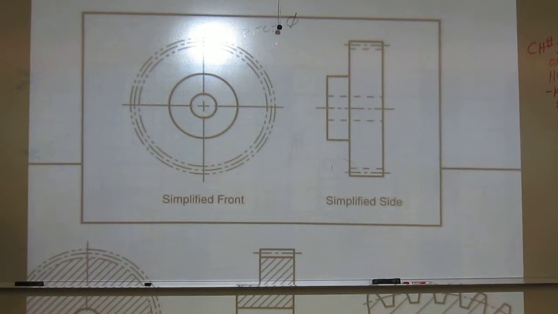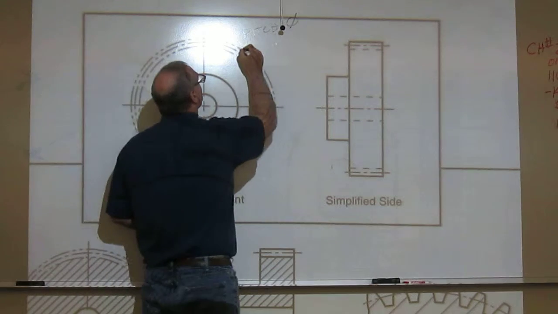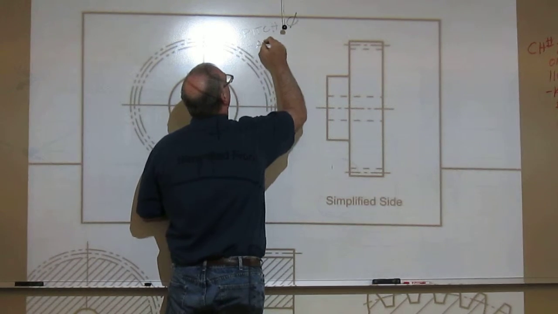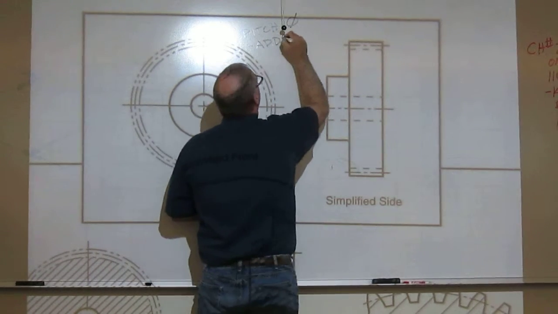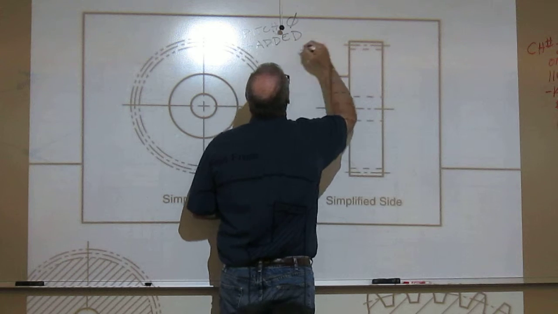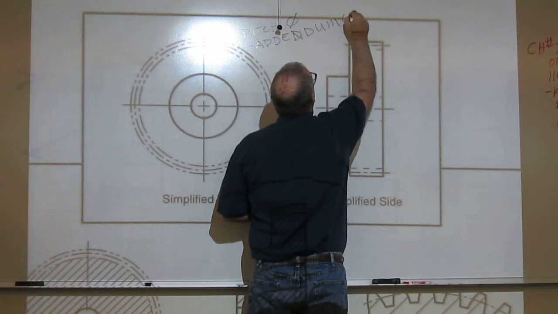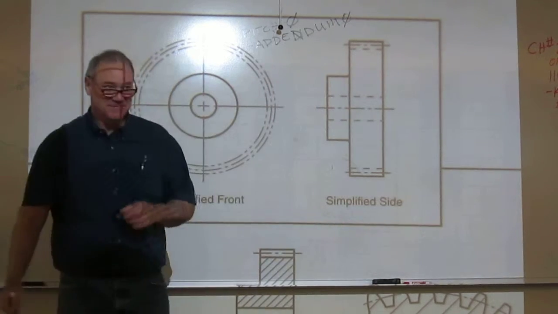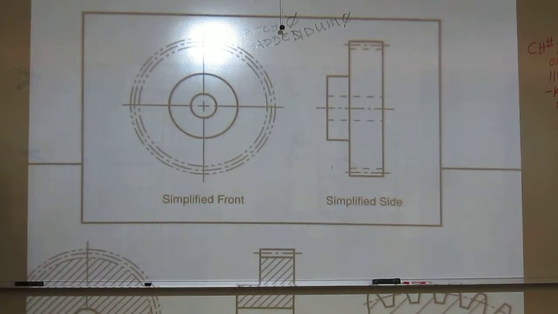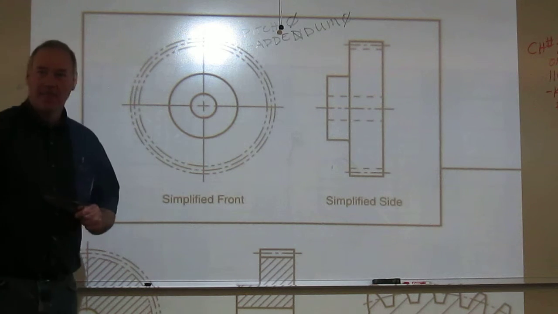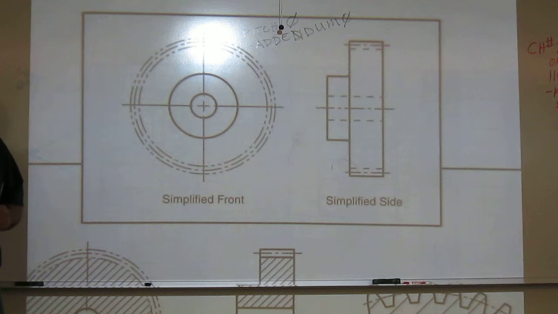The outside phantom line, this one right here, is called the, see if I can get this right, addendum diameter. Addendum just means outside. Addendum diameter. That's the outer one? Mm-hmm. Could also be called the major diameter.